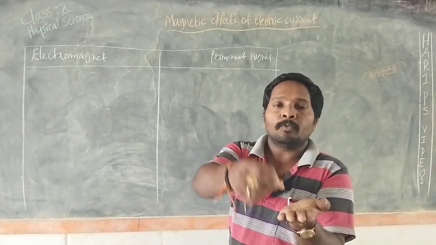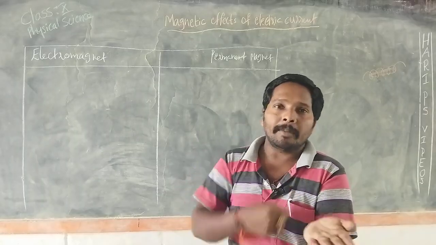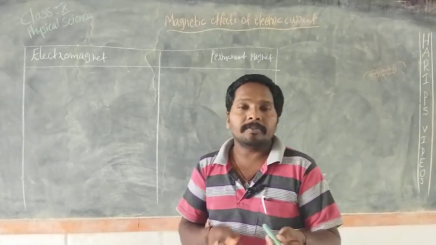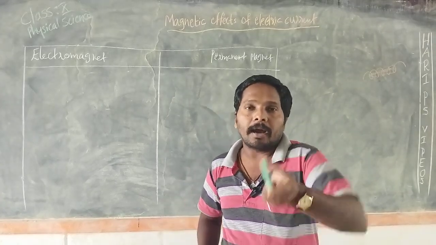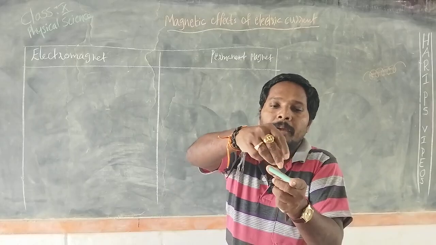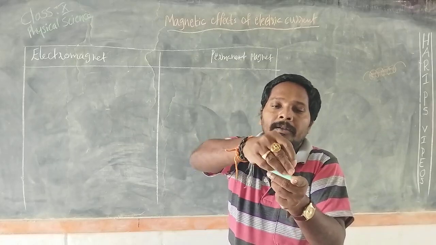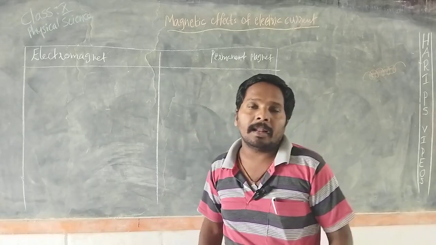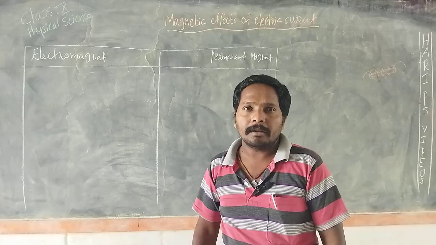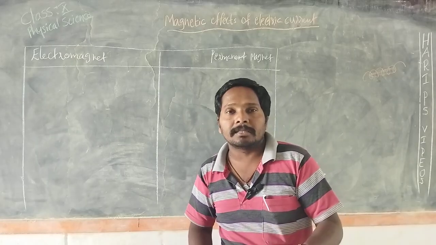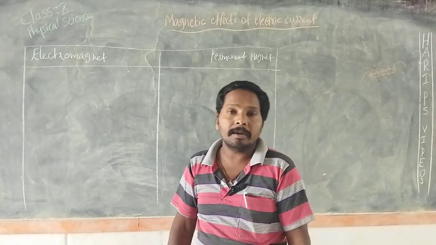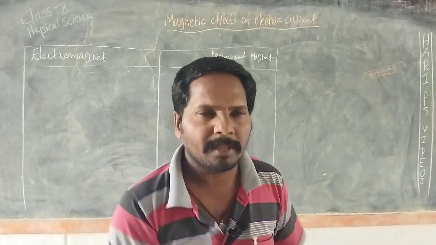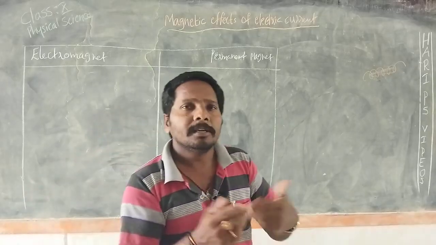For example, if this is an iron nail, when we rub it with the bar magnet like this, the iron nail acts as a bar magnet. Also, by passing electricity through this iron nail, it acts as a magnet. So by using different methods we can make a magnetic material into a magnet.